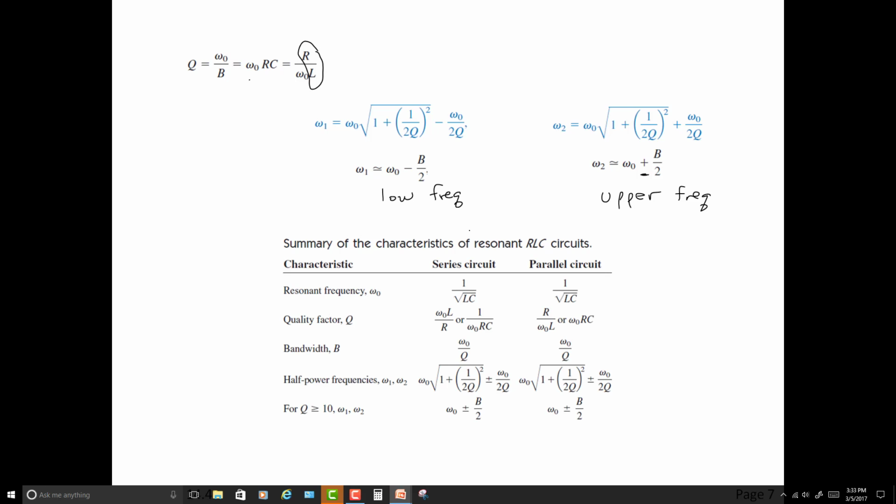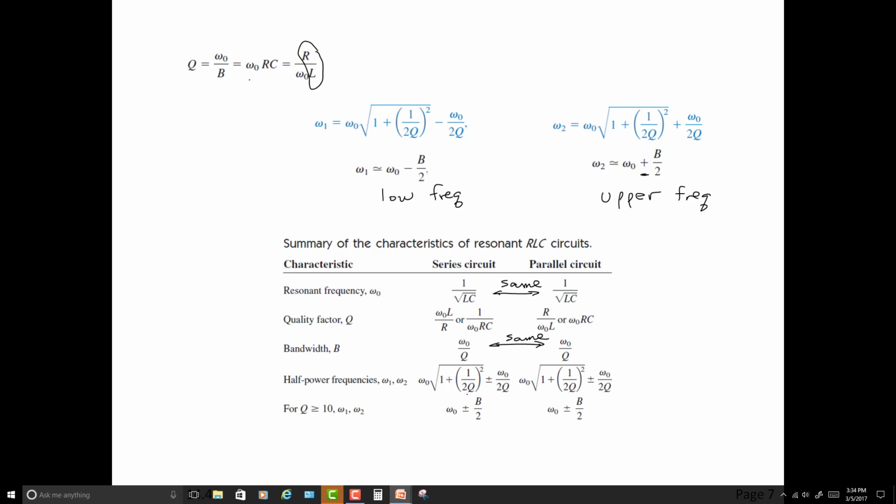So I just wanted to summarize. This table is straight out of the book, but to make the points here, I wanted to go through this little table, comparing the series and the parallel circuits. Notice we derived all this. The resonant frequencies are the same. And that's no shock because it's dependent on the L and C. The bandwidth is the same.